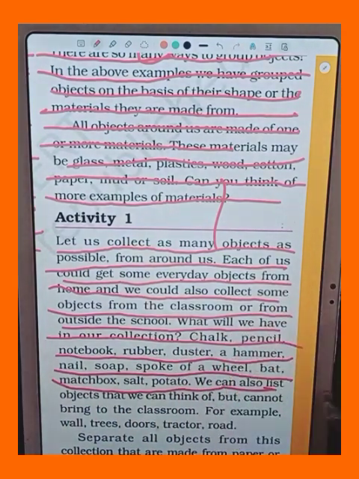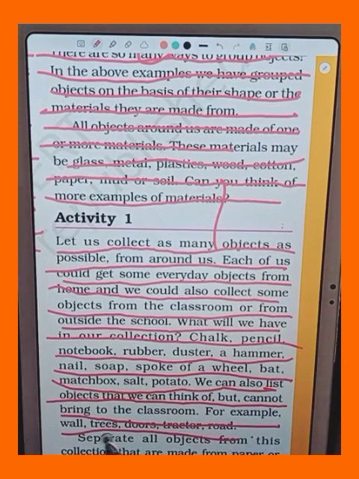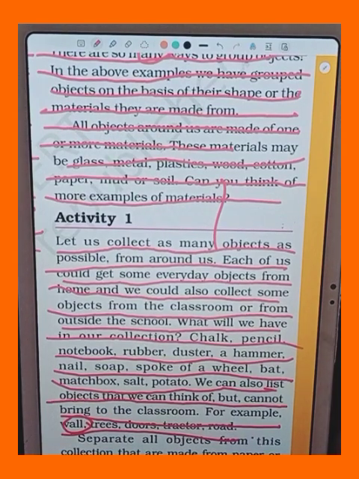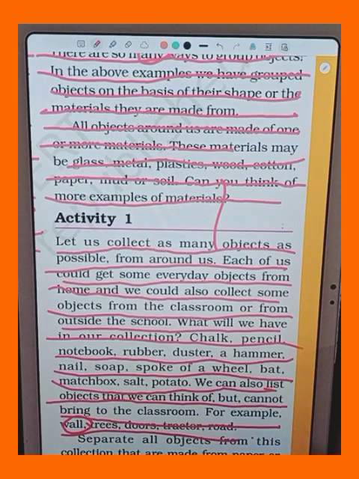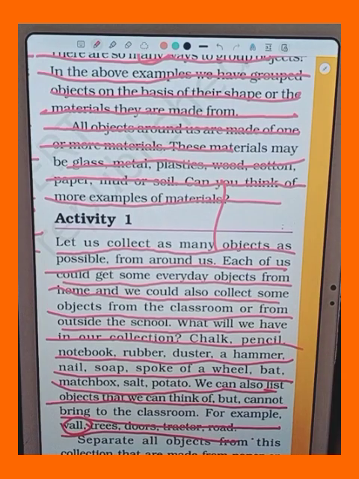We can also list objects that we can think of but cannot bring to class, for example, walls, trees, doors. Because walls, trees, doors, tractors, roads are all fixed. Once they are made and fixed, they can't be replaced. So this activity you have to do.